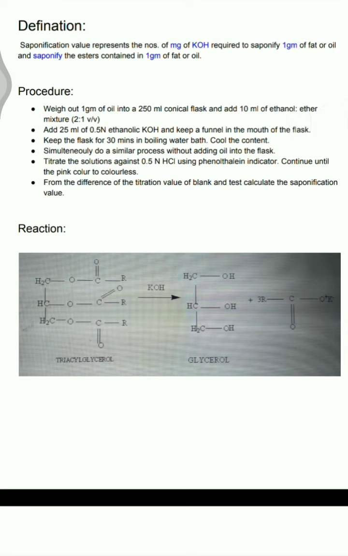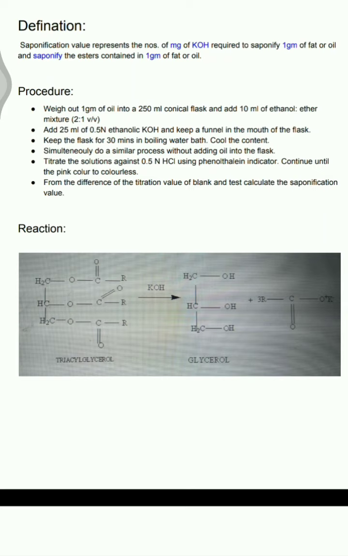So let's consider the procedure. Weigh out 1 gram of oil into a 250 ml conical flask and add 10 ml of ether and ethanol in the ratio of 1:2. Rather, here it is given the ethanol to ether mixture is 2:1.